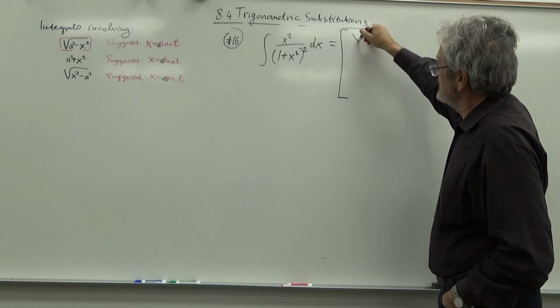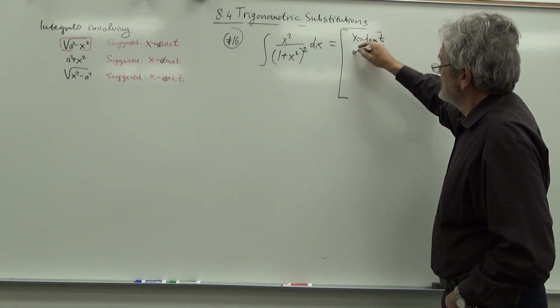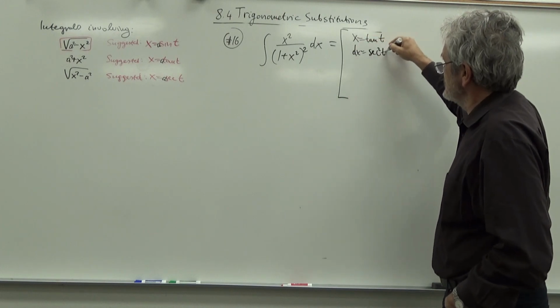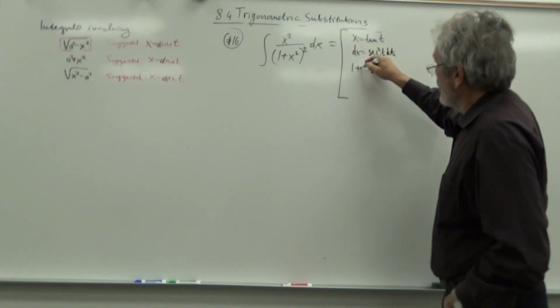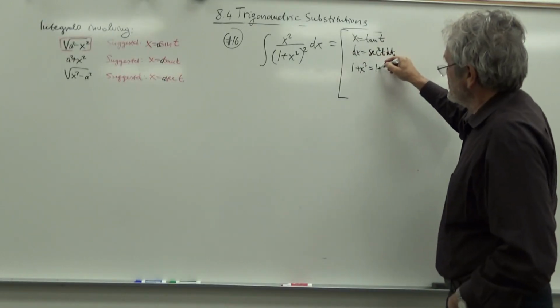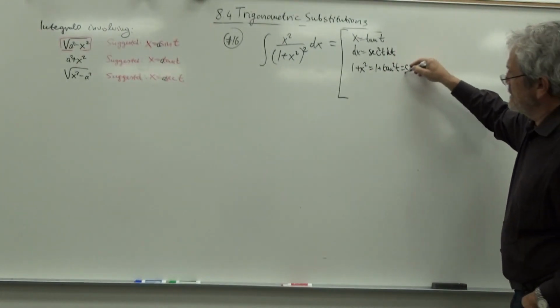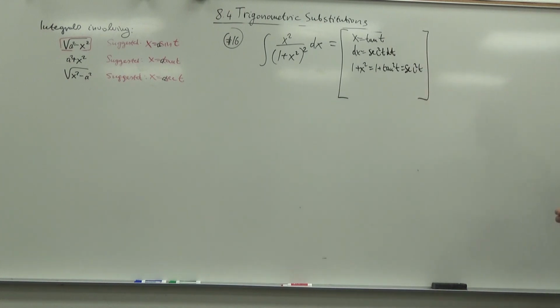So we'll go x equals tan t. So how much is dx? It is secant squared t dt. And 1 plus x squared will be 1 plus tangent squared t, and that's secant squared t. So generally, what's our benefit?